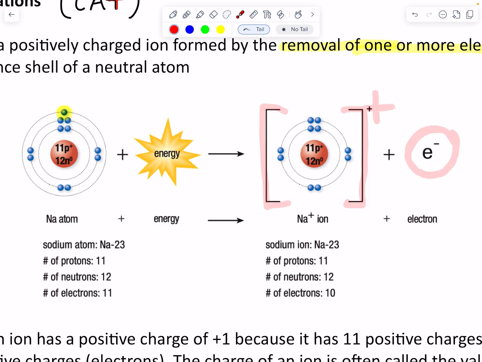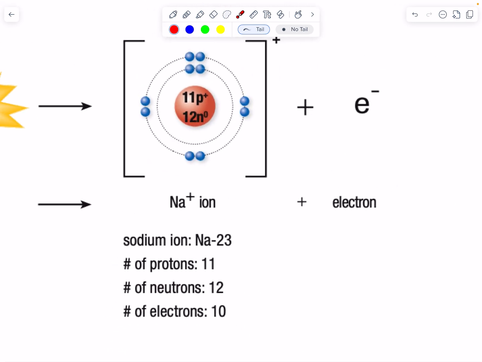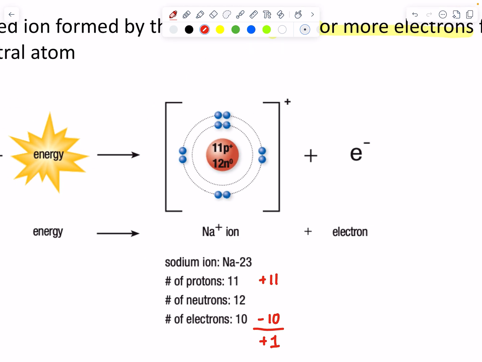And we can do inventory with this. If we look at the sodium atom, we can see that it has 11 protons, 12 neutrons, and now 10 electrons. Let's do an inventory. If we have 11 positive charges and 10 negative charges, we are going to be left with an overall charge of +1.